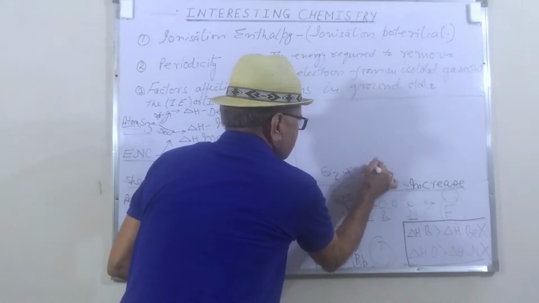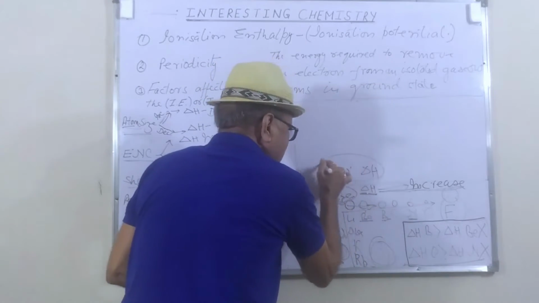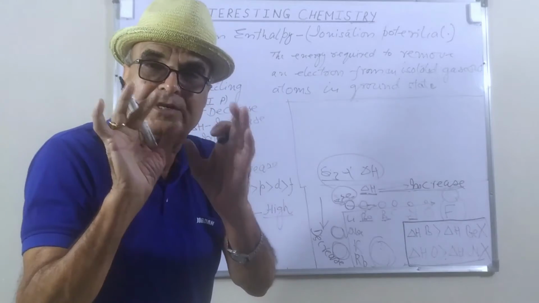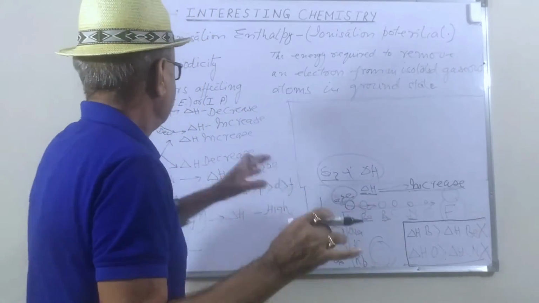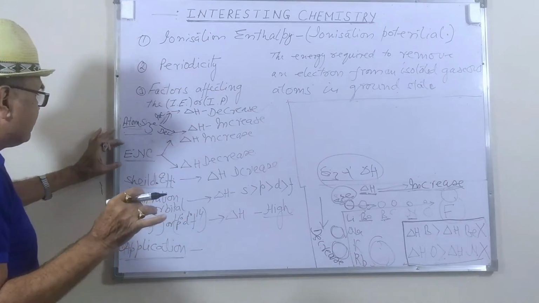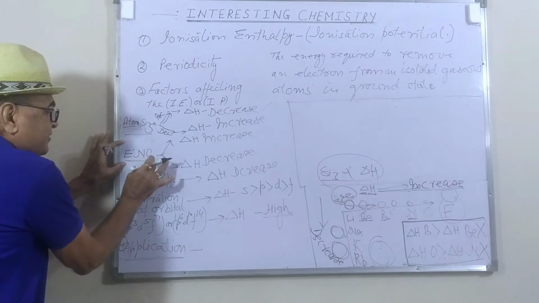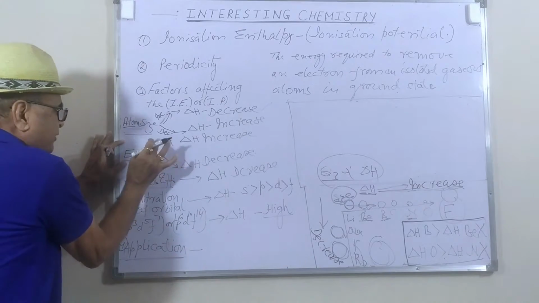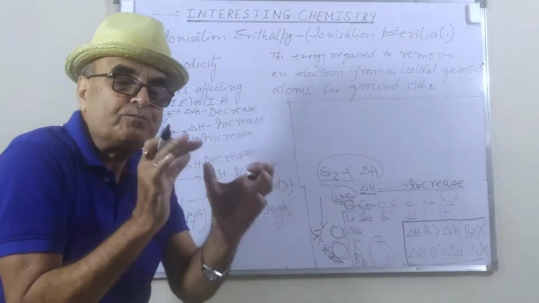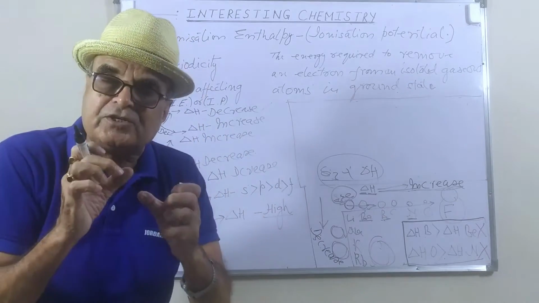Size and delta H are inversely proportional, so never be confused about it. Now I said ENC. If the ENC increases, it means the attractive power of the nucleus increases.